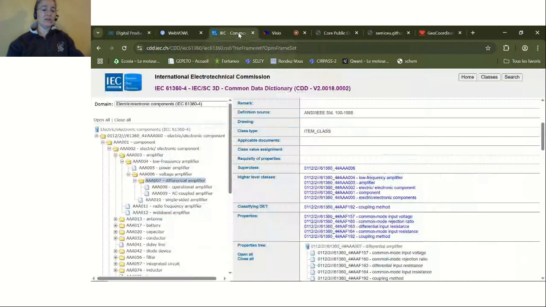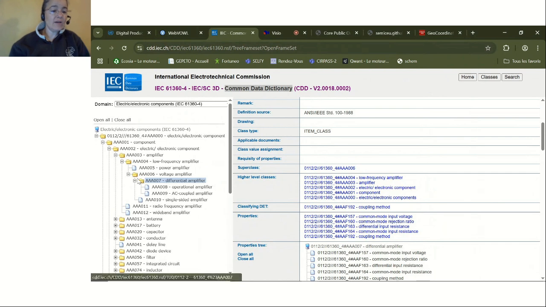I'm looking at the Electric and Electronic Components Dictionary that is stored in the repository, which is the Common Data Dictionary, and this is managed by the IEC. In this dictionary, I see that all the terms are structured in a hierarchical manner. So here you have class inheritance from one term to another in a hierarchical manner.